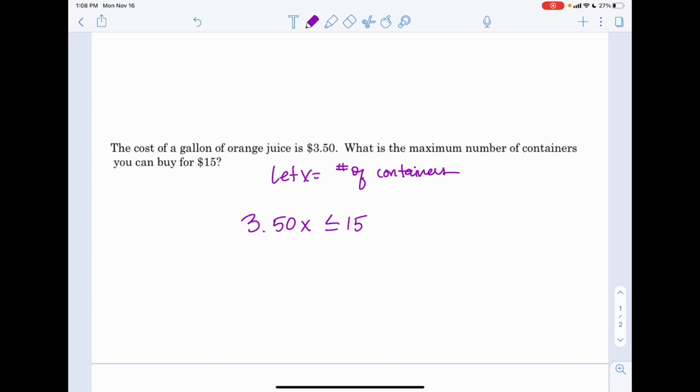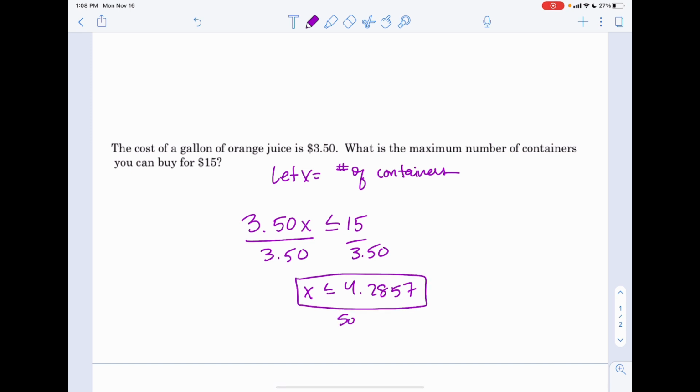So let's find x. We're going to divide both sides by 3.50. So then x is less than or equal to 15 divided by 3.5, 4.2857. Okay, so that's our solution to the inequality.